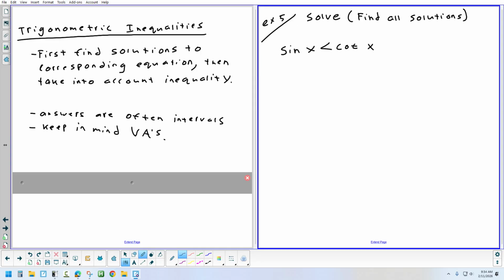What is the period of sine? Yep, 2 pi. What's the period of cotangent? Yeah, just pi.